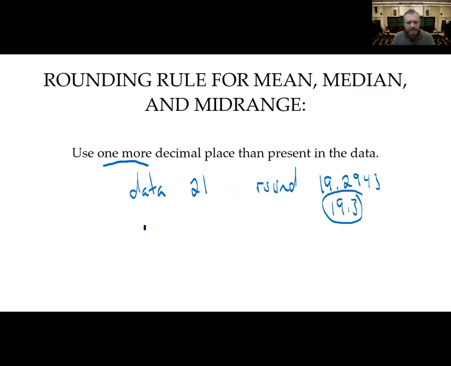If my data goes out to the tenths place, and I had a number like 0.2178, I round to the hundredths. That'll become 0.22. So the point here is that we're rounding to one more place than is present in our data. Okay, that's the rounding rule.